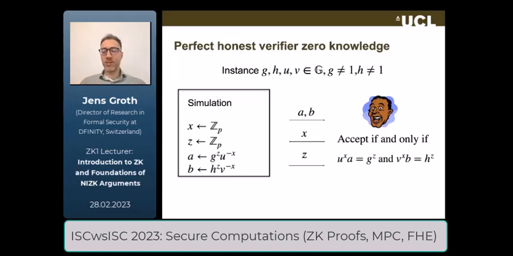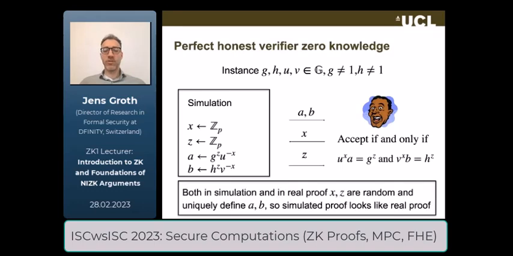And the next question is, is this a good simulation? Let me convince you that it really looks exactly like a real proof. The thing to note here is that both in the simulation and in a real proof, X and Z are uniformly random.